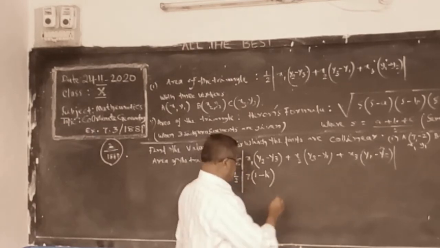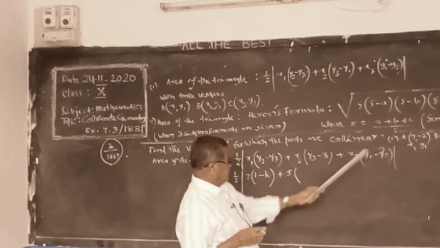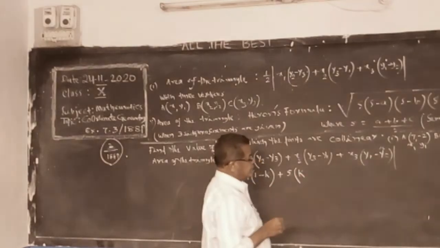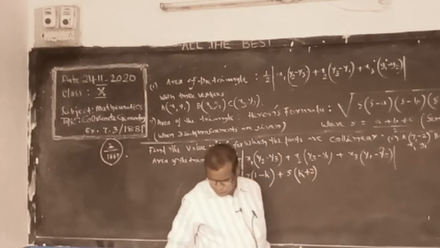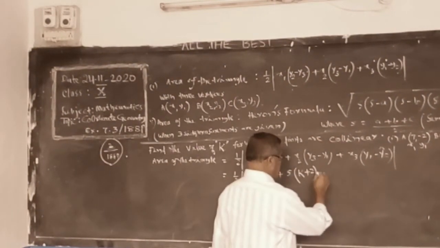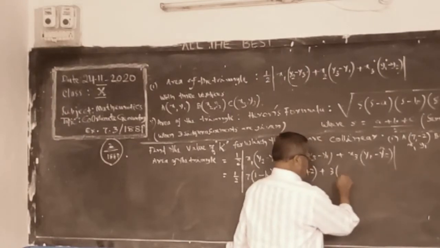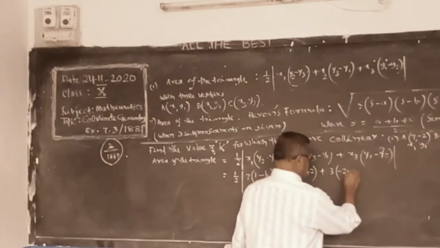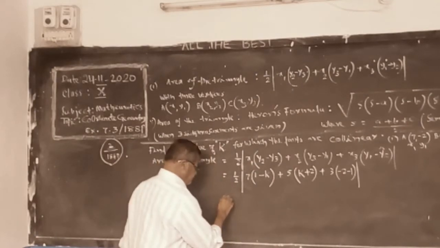Second bracket x2 is 5, y3 minus y1 is k minus (minus 2), minus of minus becomes plus. Third bracket x3 is 3, y1 minus y2 is minus 2 minus 1.